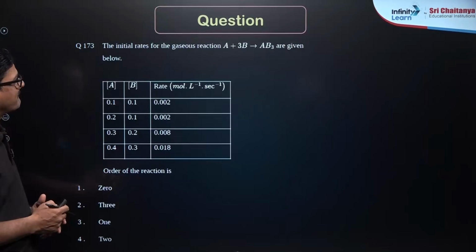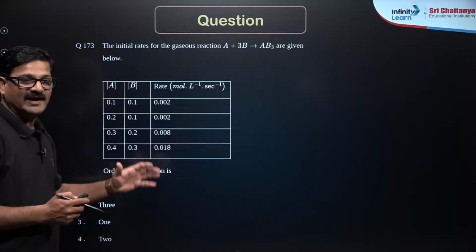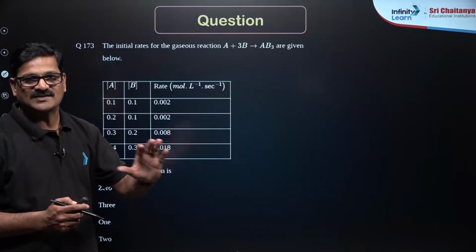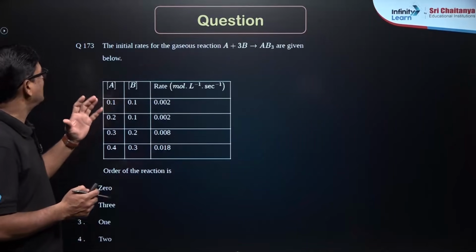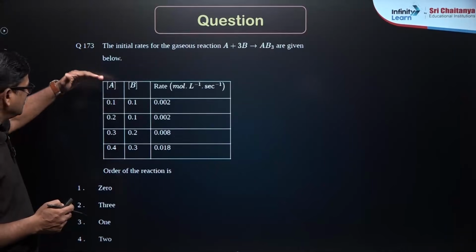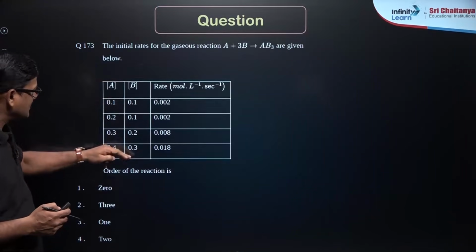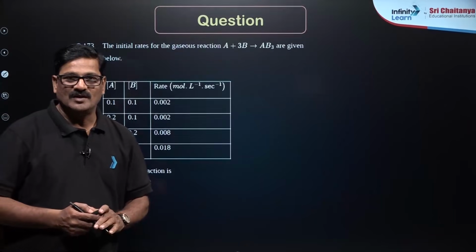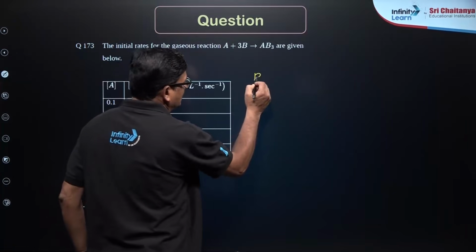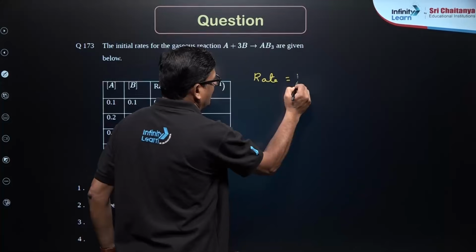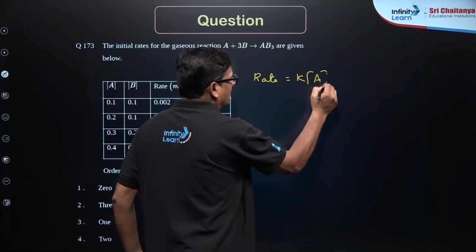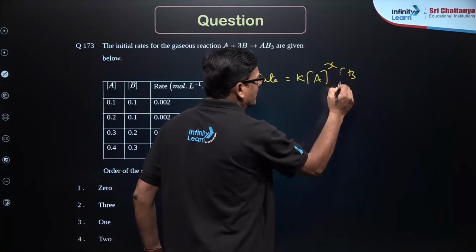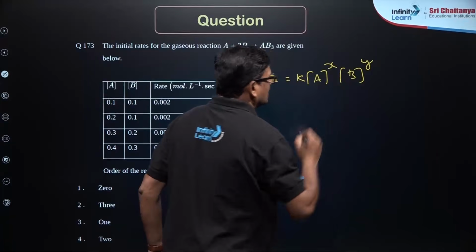Moving ahead, it is a chemical kinetics question. In this chemical kinetics question, you are going to see A concentration, B concentration, and initial rate given. So we can say rate is going to be k[A]^x[B]^y.